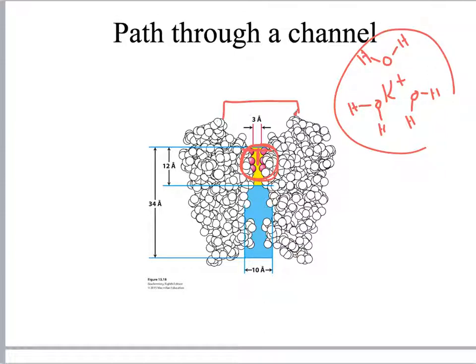Larger ions will be too big to pass through. Smaller ions won't be able to interact with these residues that are in here, and they won't compensate for the loss of the hydration sphere. So in that way, this is like a selectivity filter which is specifically designed for a particular ion, in this case potassium.